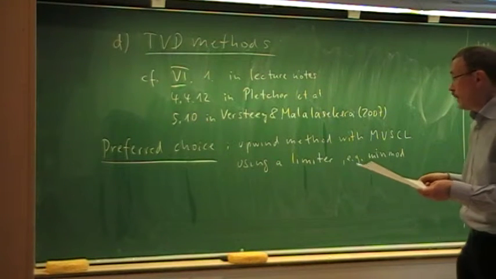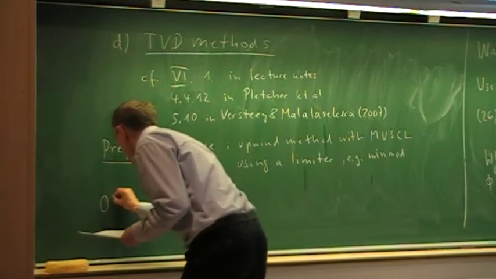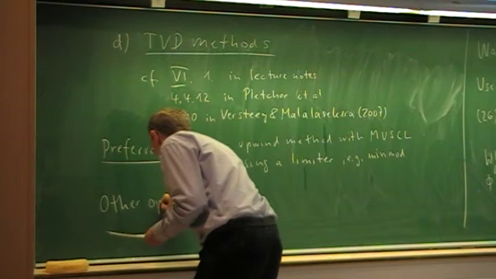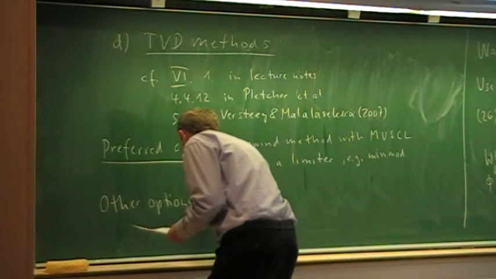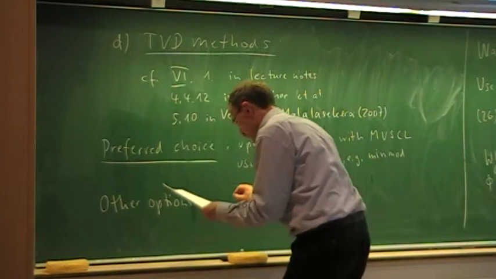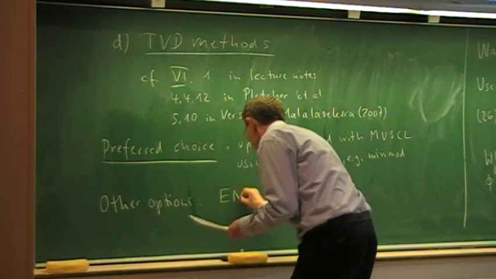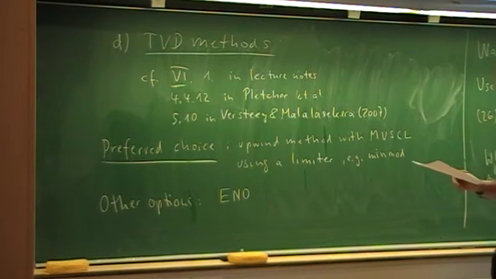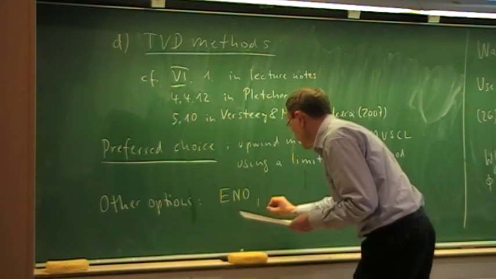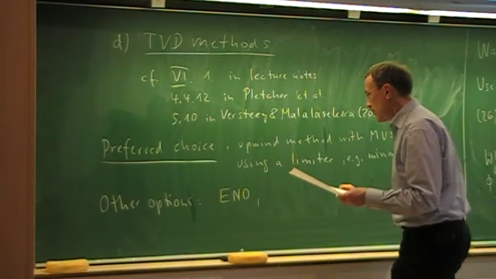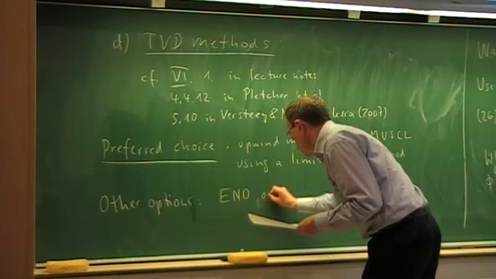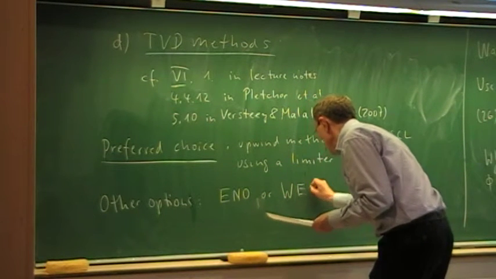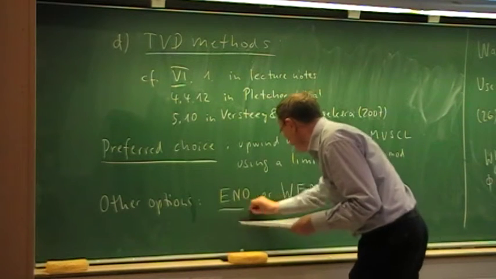Okay, other options that you could use are also what we discussed when we discussed MUSCL. I just mentioned there are methods called ENO, essentially non-oscillatory methods, and weighted essentially non-oscillatory methods.